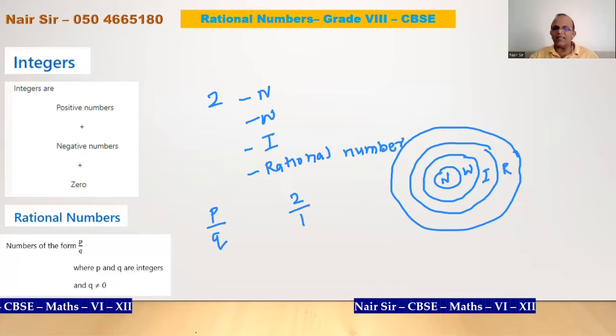That is the only reason why this is a rational number. Don't get confused. It's very simple. Any number which is a natural number is a whole number. Any number which is a whole number is an integer. Any number which is an integer is a rational number.